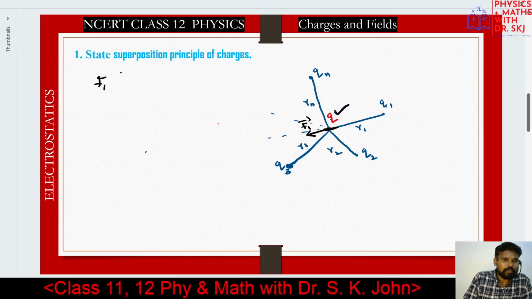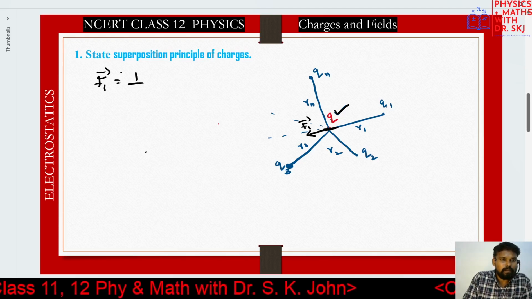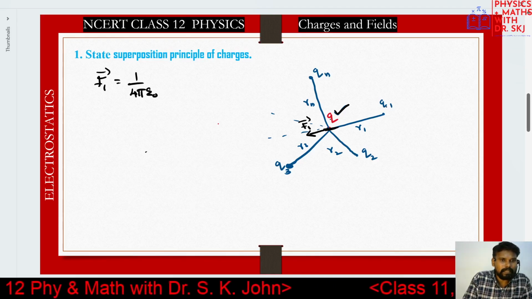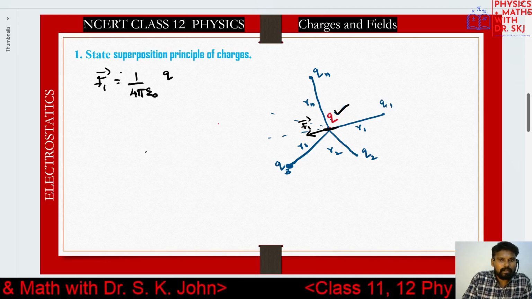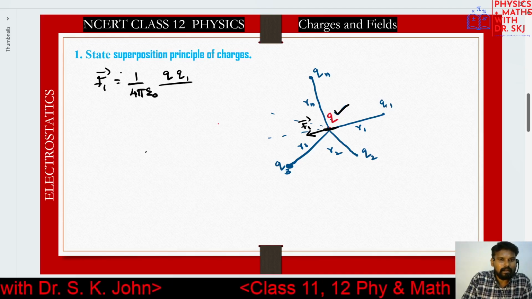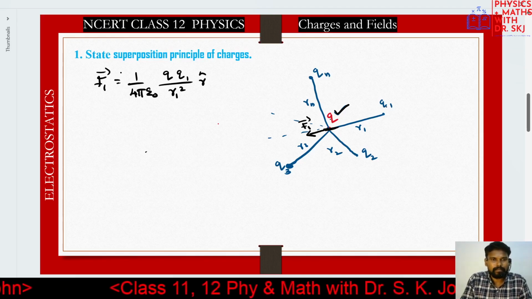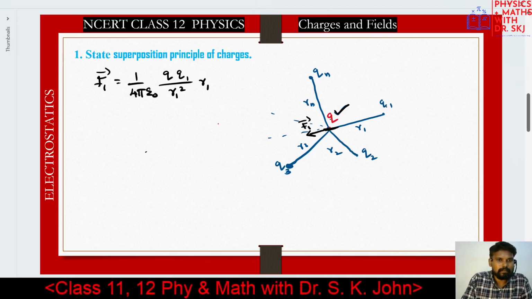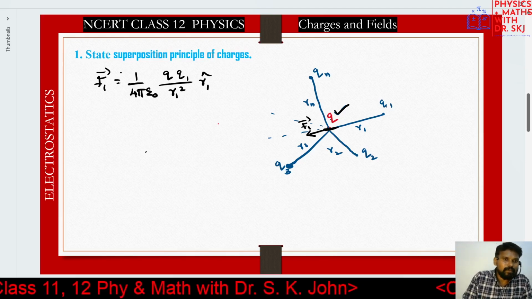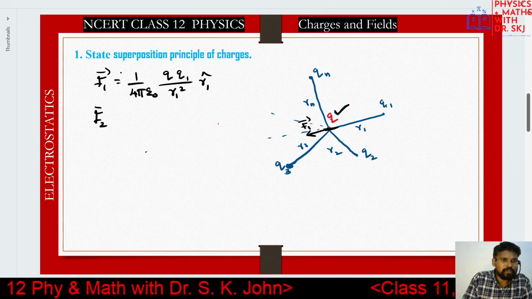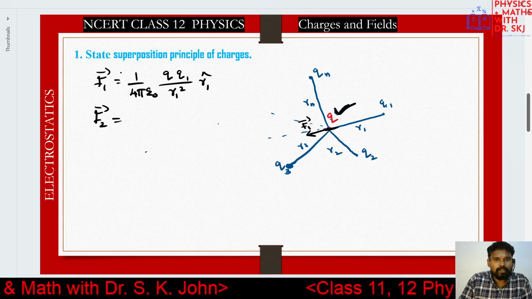I will write that force as F1 equals 1 by 4 pi epsilon 0, suppose the medium is here, q1 by r1 square into r1 cap. Similarly, using Coulomb's law, we can find the force on q due to q2.